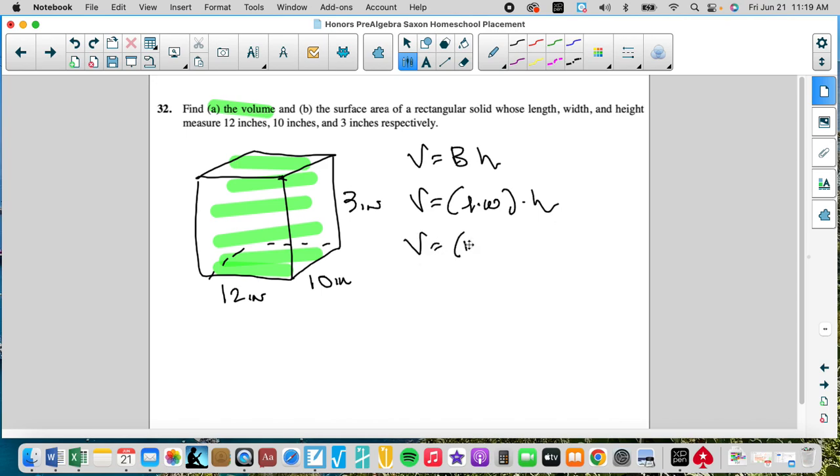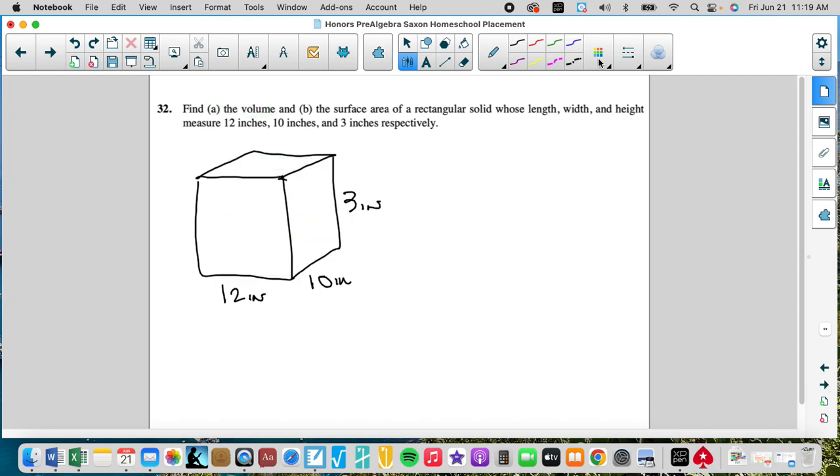So we have length of 12 inches, width of 10 inches, height of 3 inches. So we get 120 inches squared times 3 inches gives us a volume of 360 inches cubed. Did I do that right? 360 inches cubed, yep.